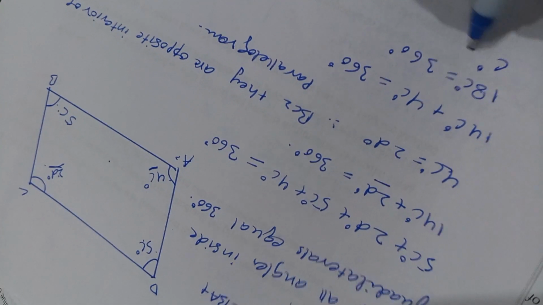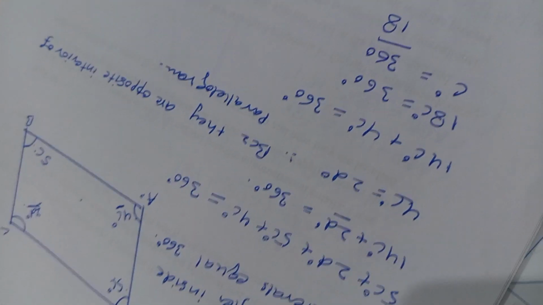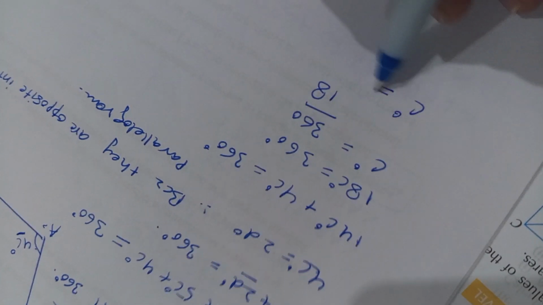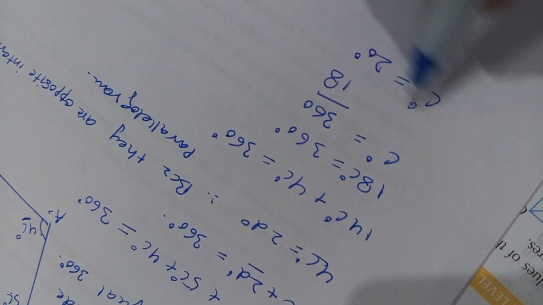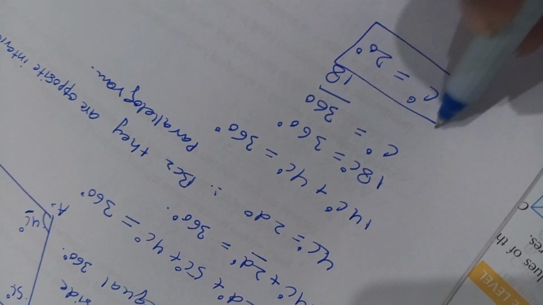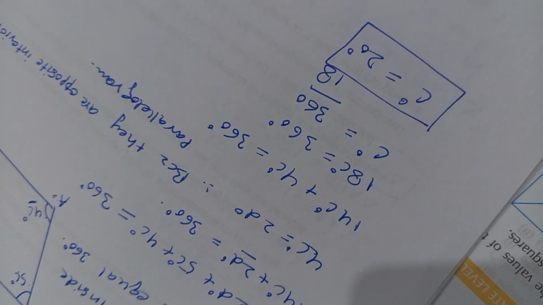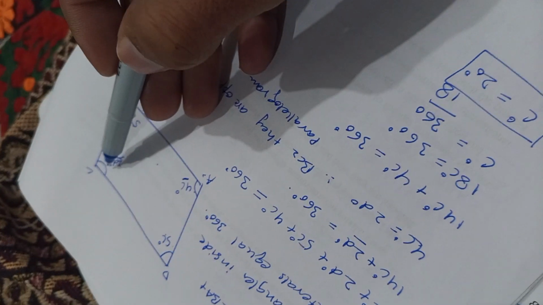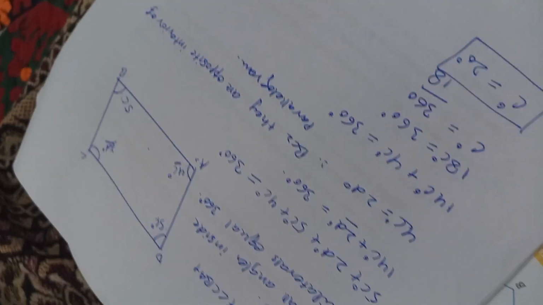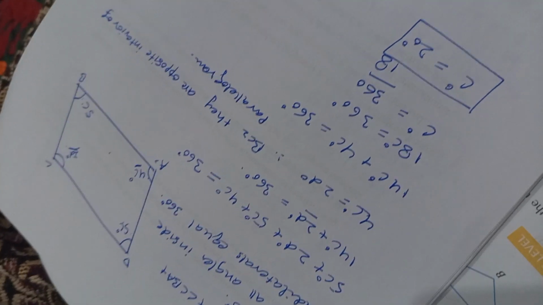So now c equals 360 divided by 18. If you divide 360 by 18, c equals 20 degrees. So now we found the value of c. Now what we have to find is d, which we are not given here.